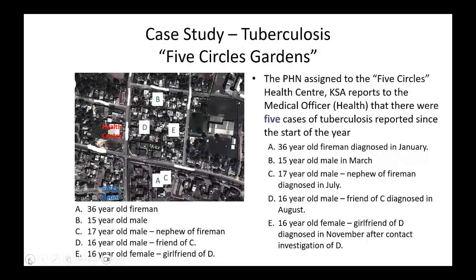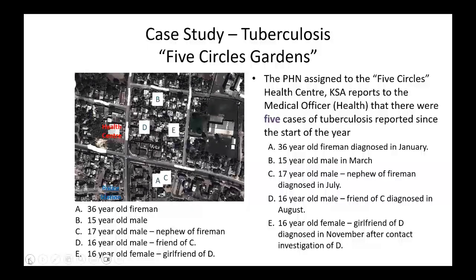A colleague of mine raised the point of compliance with treatment, as we looked closer at the timelines between the diagnoses. They were pretty much in keeping with the standard 2 to 12 weeks for initial infection. However, it can take months or years for active disease to develop.